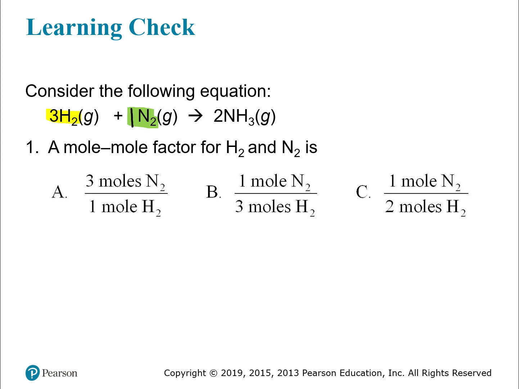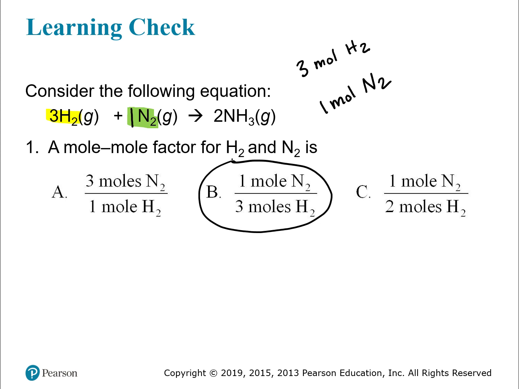So we need a mole-mole factor that has 3 moles of hydrogen and 1 mole of nitrogen. The only one that fits the bill is letter B.